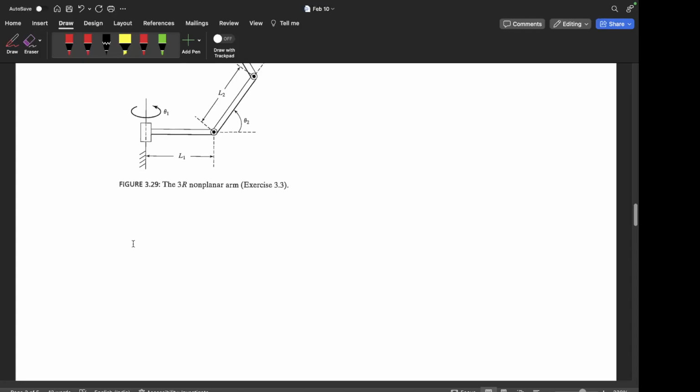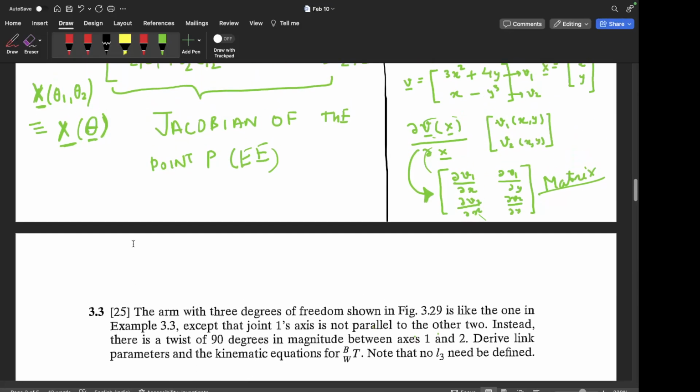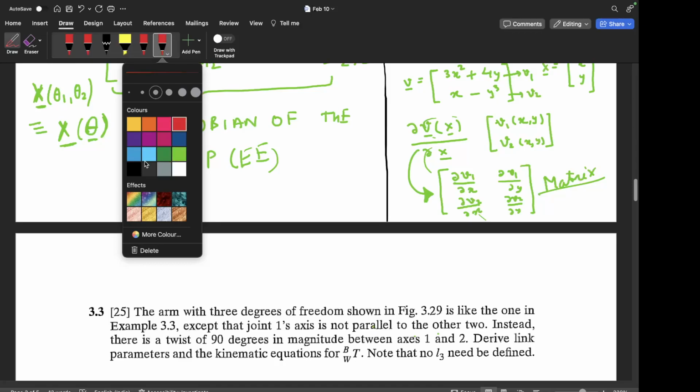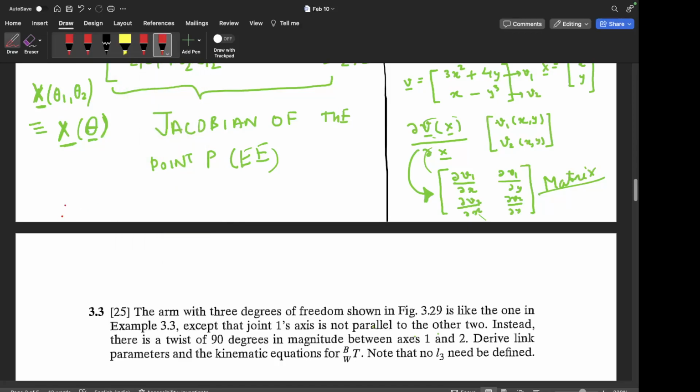Okay, so let's continue here. I will put a remark here. Some of these words mess it up. Okay, so continued.